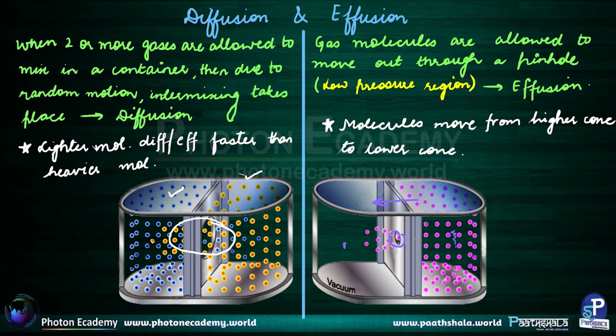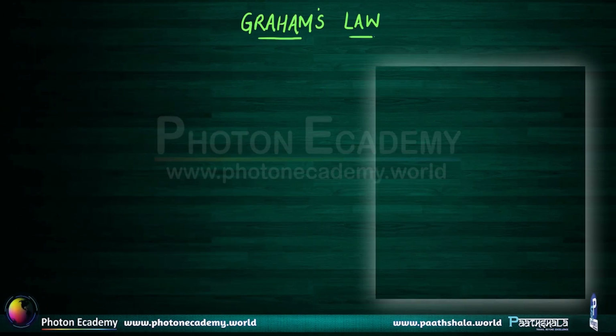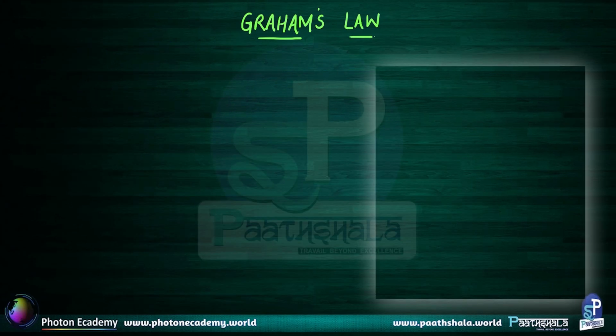So now, since we know what diffusion and effusion are, we'll move on to Graham's law of effusion. So let's first write the statement of the law. What does it say?